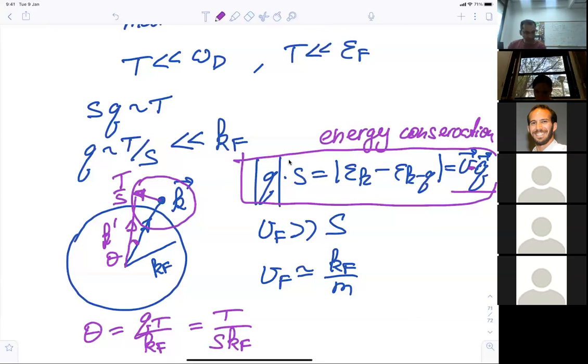So this is the picture. In the process of a single scattering, there is a change of electronic momentum parallel to the Fermi surface at low temperatures. The magnitude is this.